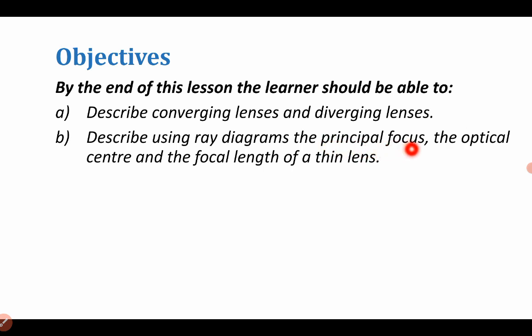Let me urge you to keep watching the video and taking notes where you deem necessary. So describe, using ray diagrams, the principal focus, the optical center, and the focal length of a thin lens. When we say principal focus or optical center and focal length of a thin lens, what do we mean? What does it entail?